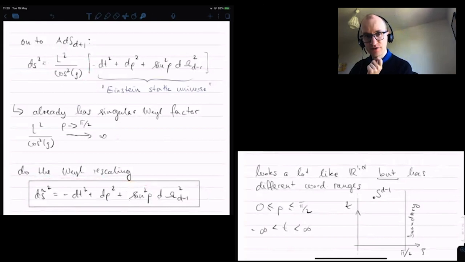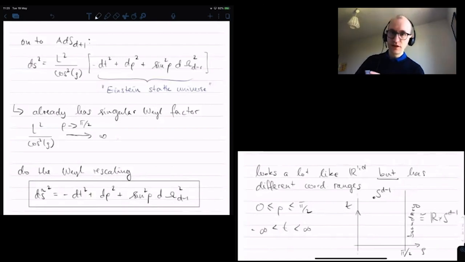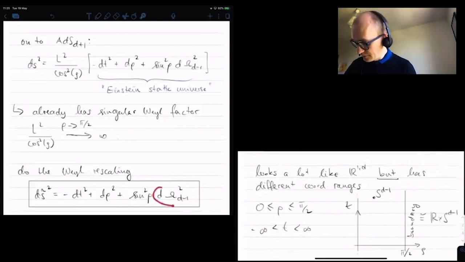And so the boundary metric is just minus dt squared plus d omega_{d-1} squared. So the boundary is of the form of a factor of the real line for time times just this d-1 sphere.